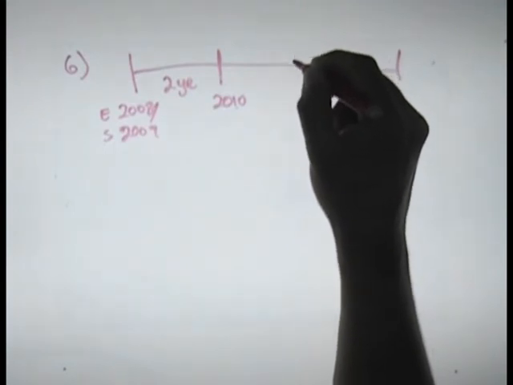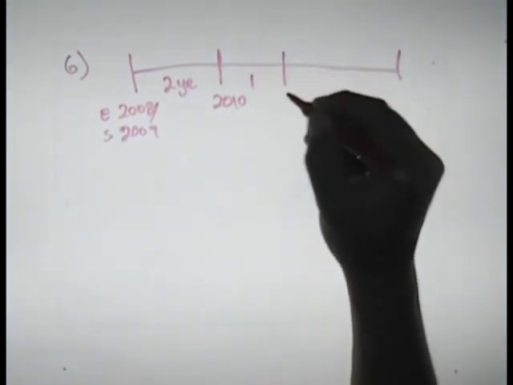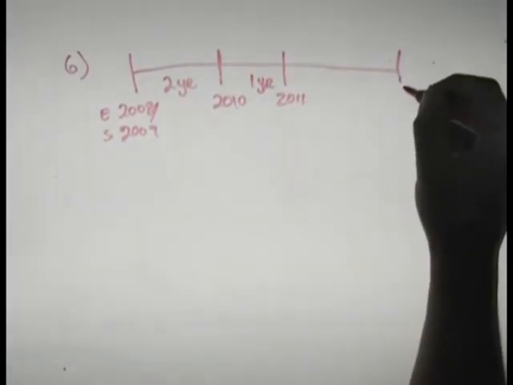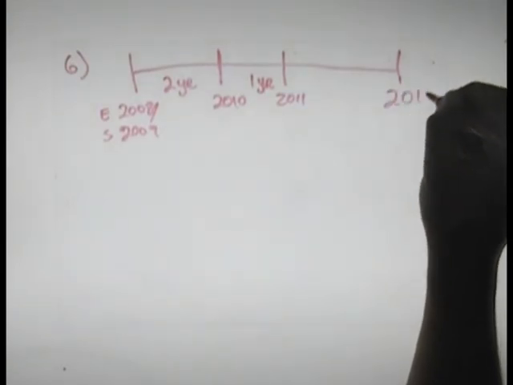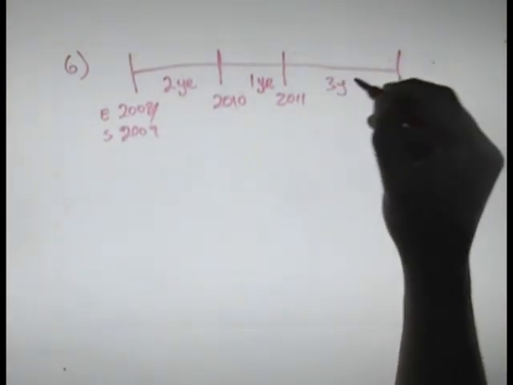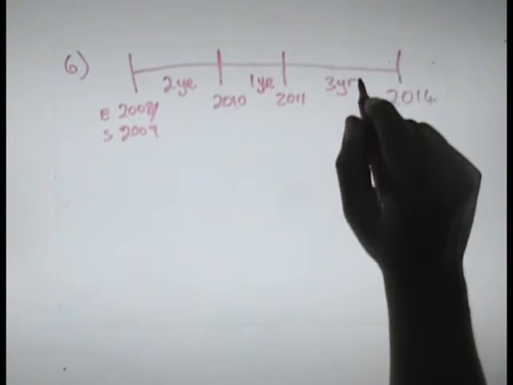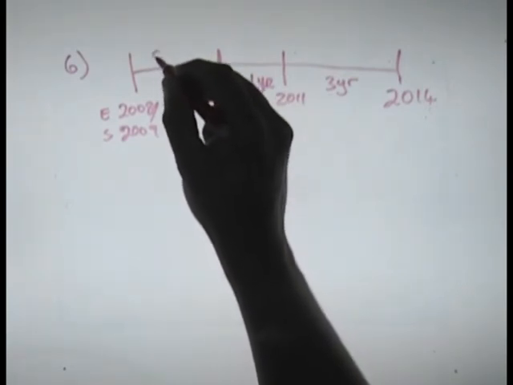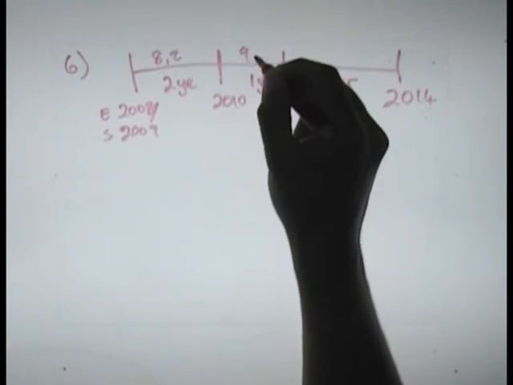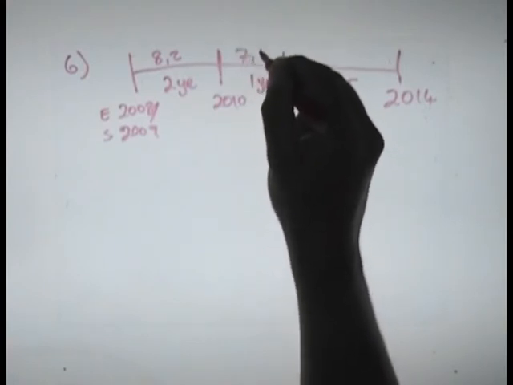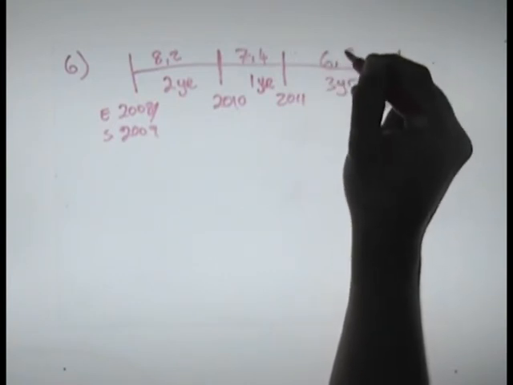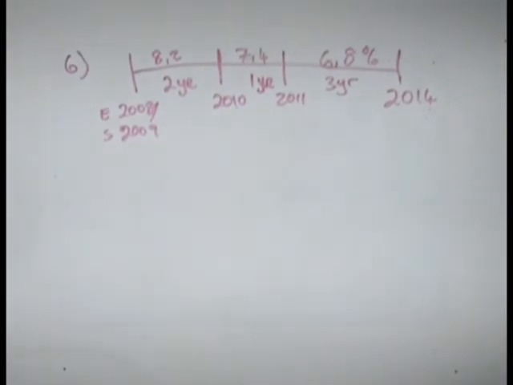The inflation outlook then improved slightly for a 1-year period up until the end of 2011, and then up till the end of 2014, for a 3-year period, we had a very good inflation outlook of only 6.8%. So the first inflation outlook was 8.2, second was 7.4, and the last 3 years, it was 6.8%. What is our asset worth 100,000 Rand going to be worth?